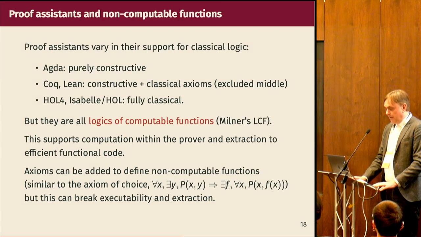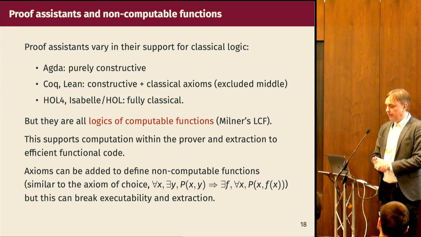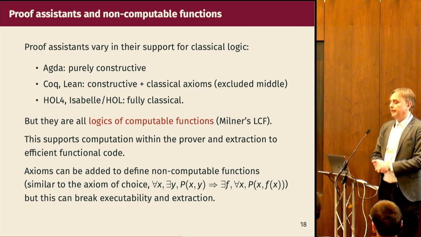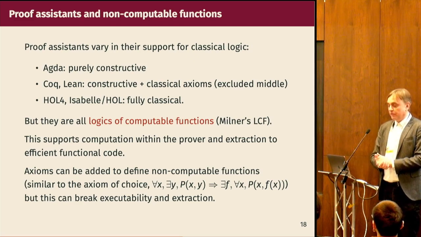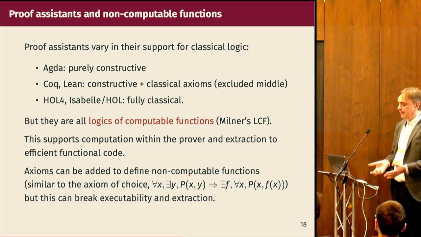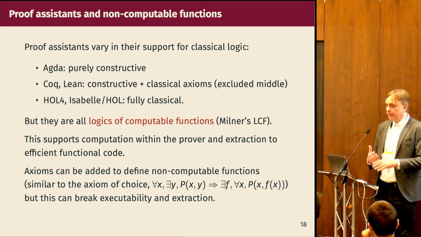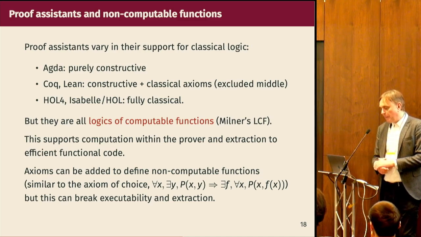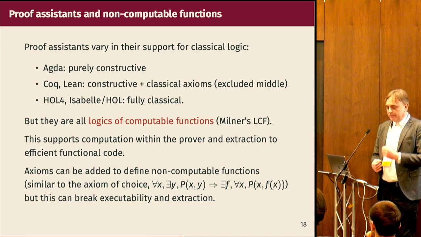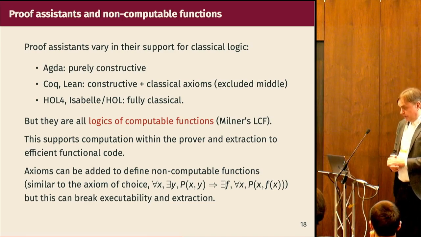And why is that a problem? It's because most proof assistants, or at least those that I know, are logics of computable functions, as Milner put it, LCF. They vary a lot in their support for classical logic. Agda is purely constructive, HOL4 and Isabelle/HOL are fully classical, Coq and Lean are kind of in between: constructive, but it's okay to add classical axioms like excluded middle. But they are all pretty strict when it comes to functions.